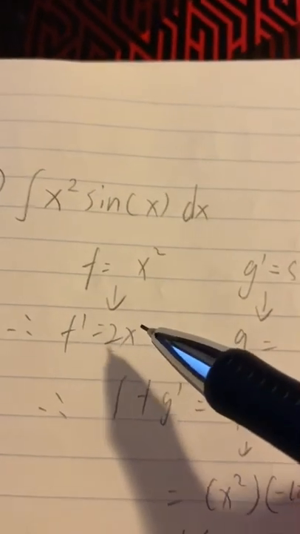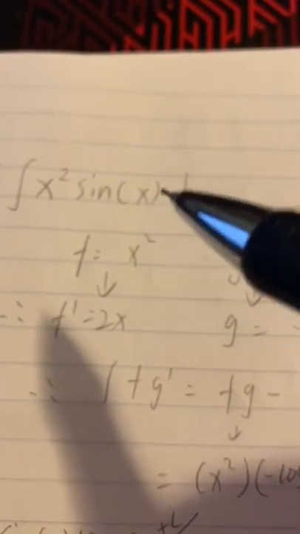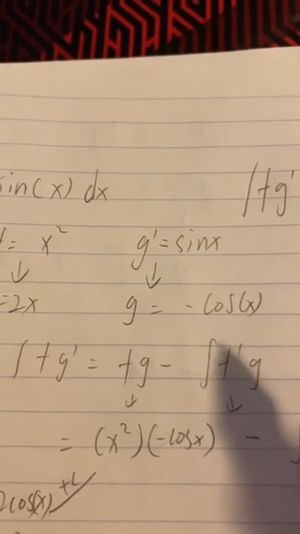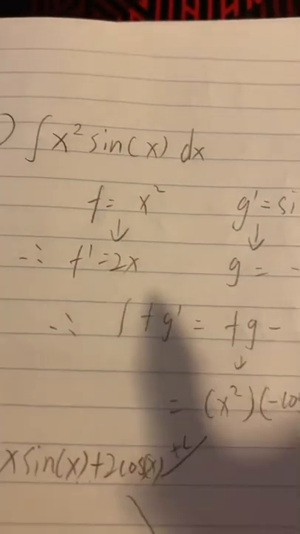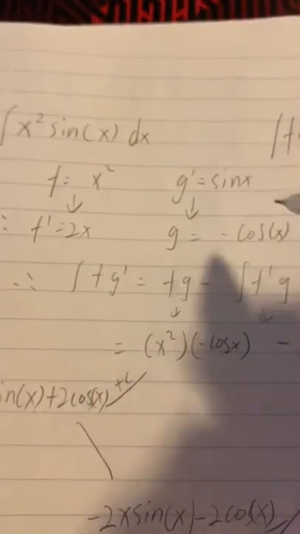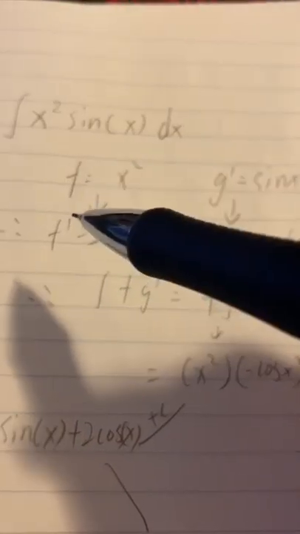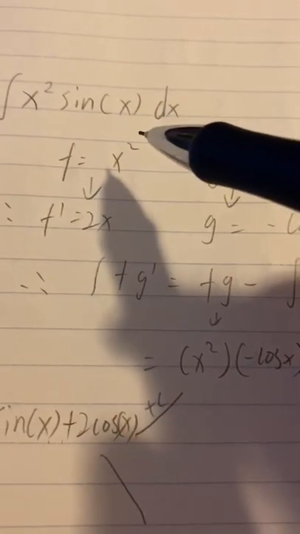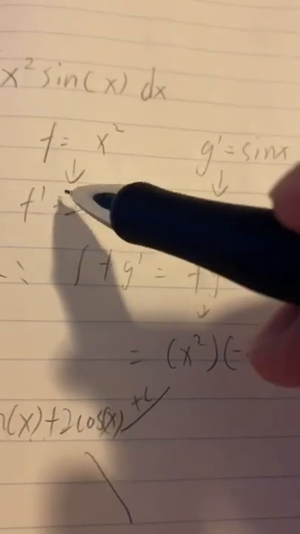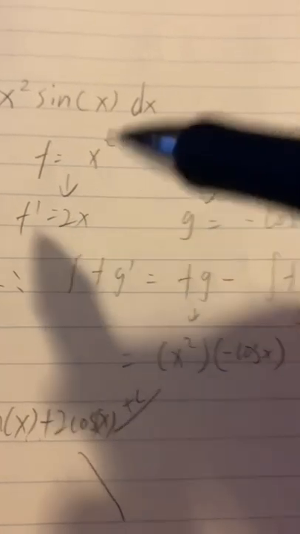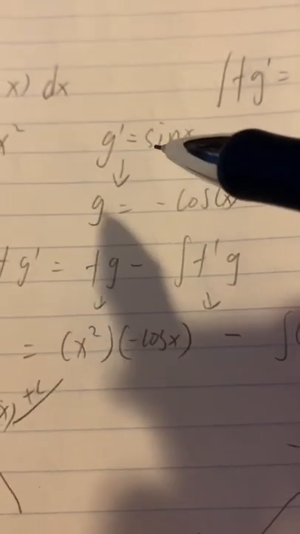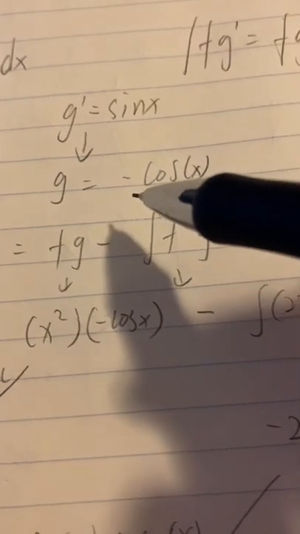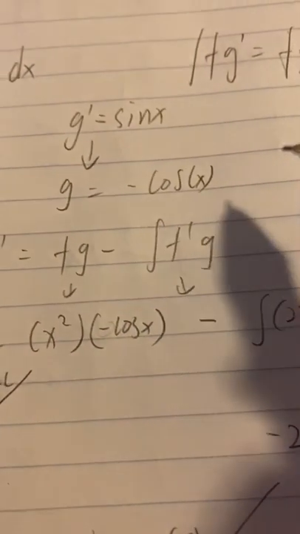Here I choose f equals x squared and g derivative is sin x. For those two, we find that the derivative of f is 2x, and the original g is minus cosine x.